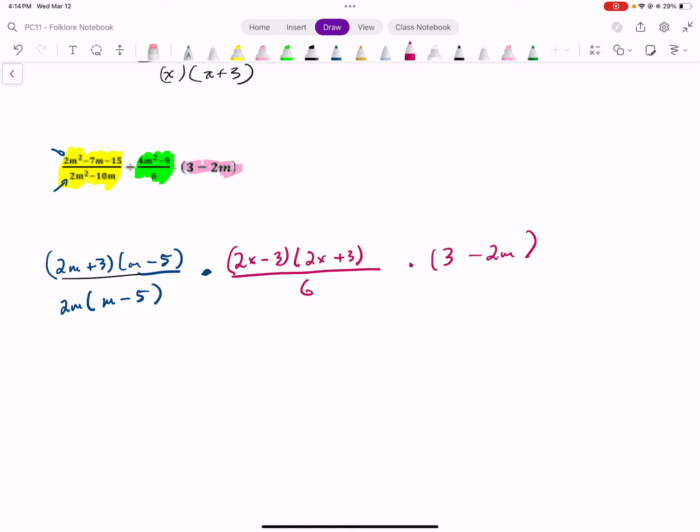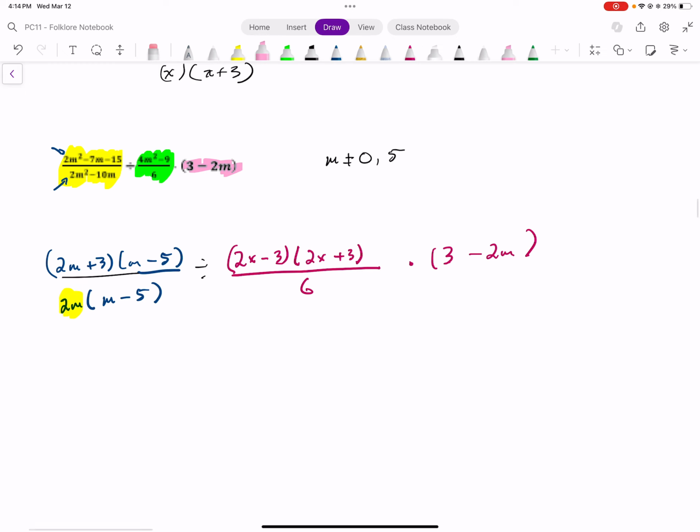I made one small mistake. I'm going to fix it right away. This was actually a division. So my non-permissible values: m cannot be equal to 0 and 5, from the yellow and the pink factors, respectively.